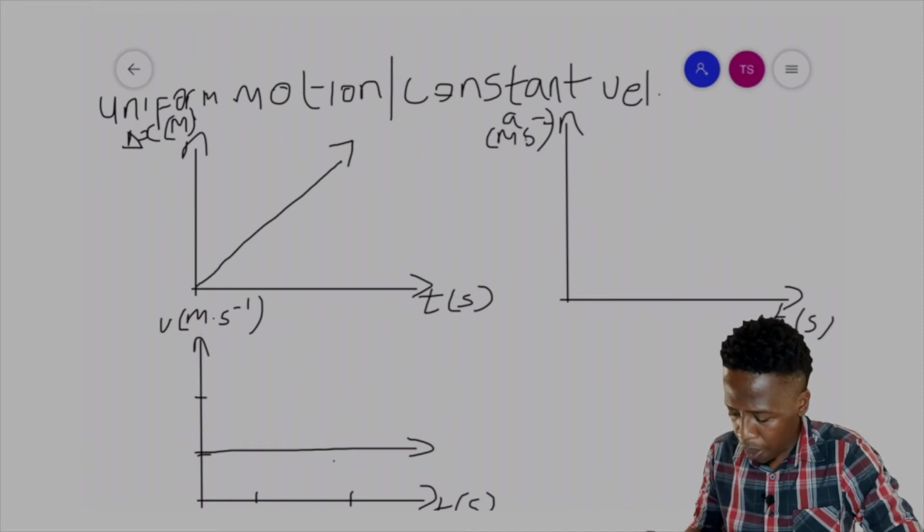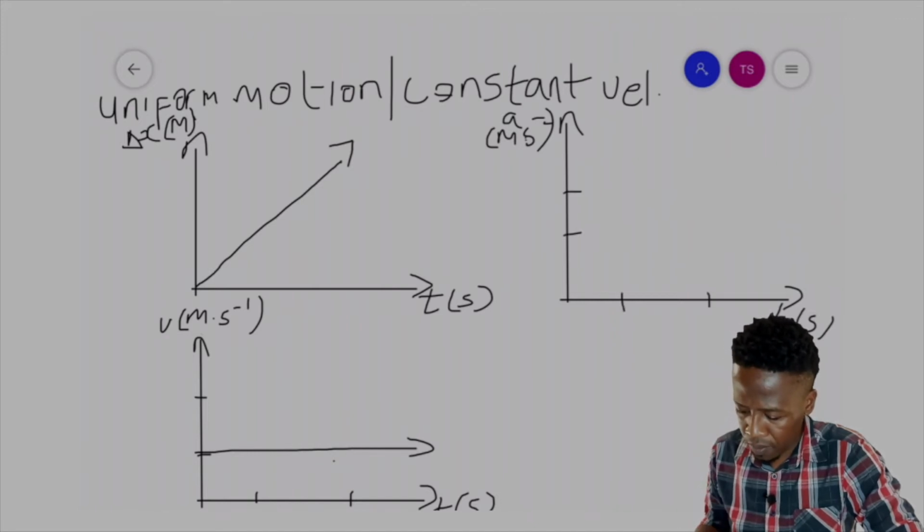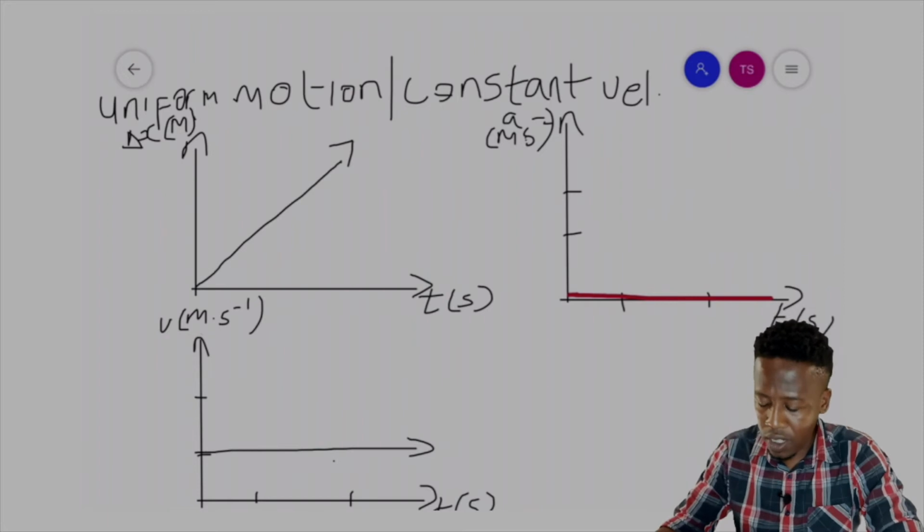Now in this case, if you travel at constant velocity, it basically means your acceleration won't change. It will stay at the same place and it won't change, right?